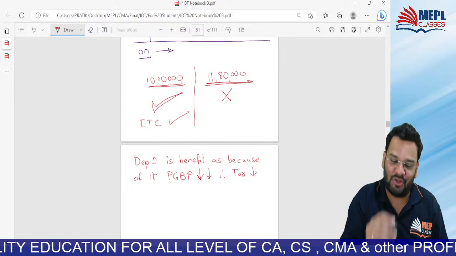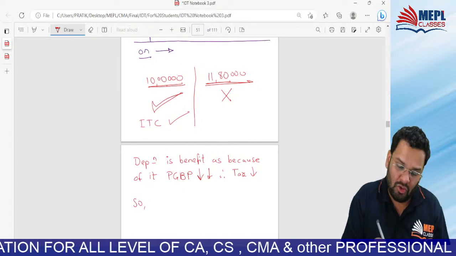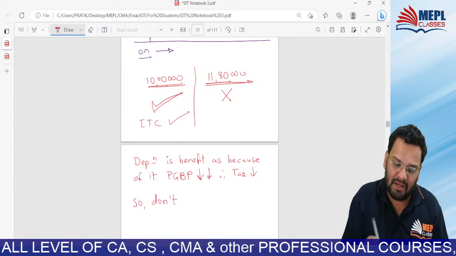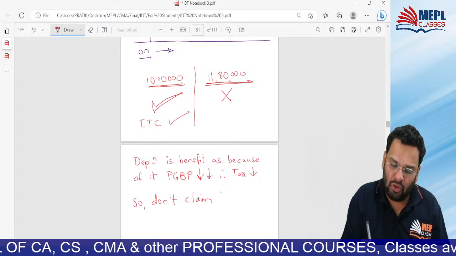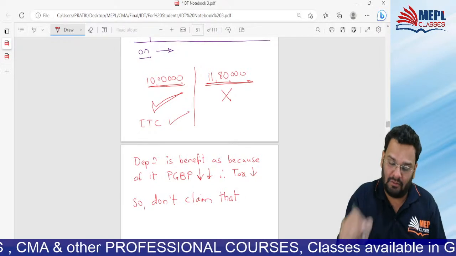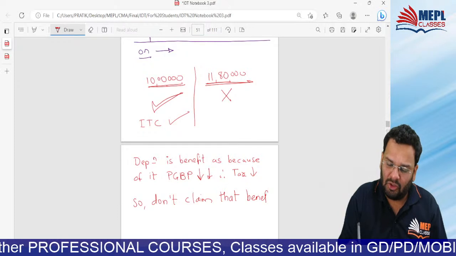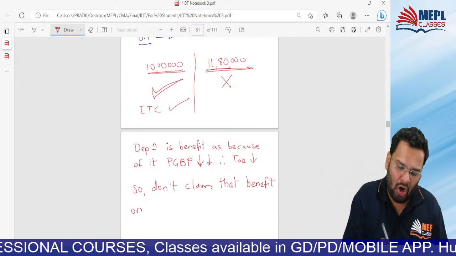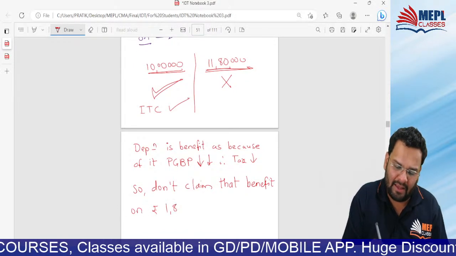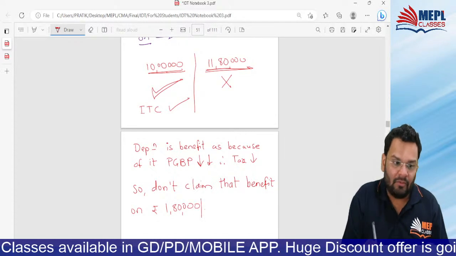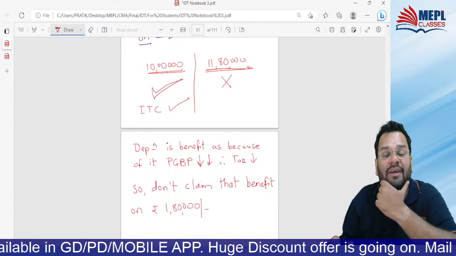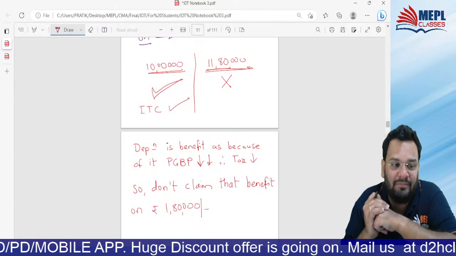So what should happen? Don't claim that benefit on rupees 1,80,000. Do you agree with me? On that same 1,80,000, how many benefits will you claim?